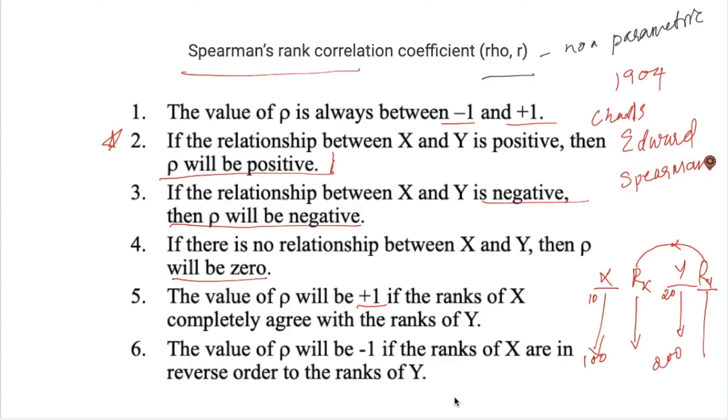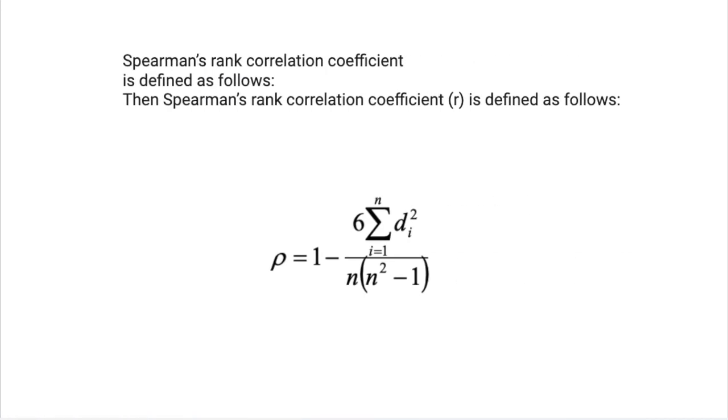Let us move on. Spearman's rank correlation coefficient is defined as follows. Rho is equal to 1 minus 6 into sigma d square divided by n into n square minus 1, which can be written as 1 minus 6 sigma d square divided by n cube minus n.